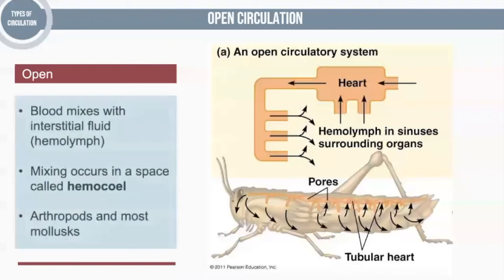Open circulation has a heart, a pumping organ, and vessels, but the blood mixes with the interstitial fluid. This mixture of blood and interstitial fluid is called the hemolymph, and it occurs in a space called the hemocoel. This type of circulation is commonly seen in arthropods and most mollusks.